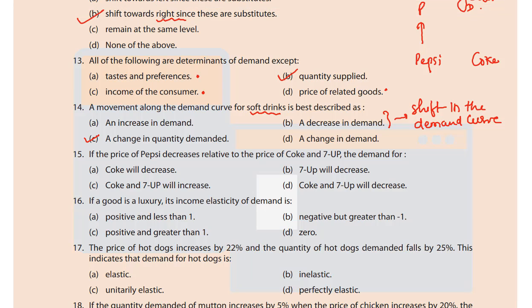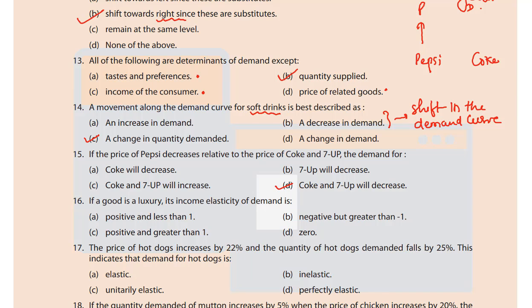Next, if the price of Pepsi decreases relative to the price of Coke and 7 Up, the demand for: A, Coke will decrease; B, 7 Up will decrease; C, Coke and 7 Up will increase; and D, Coke and 7 Up will decrease. Over here the answer is D, that is Coke and 7 Up will decrease.